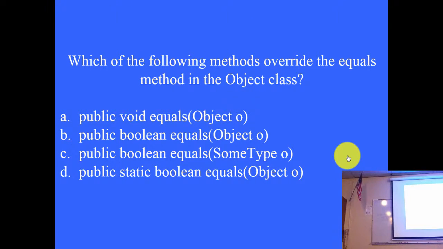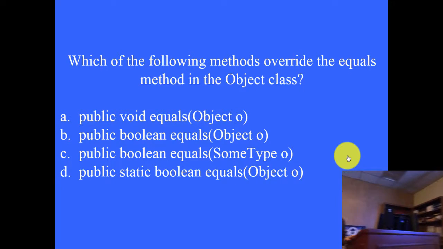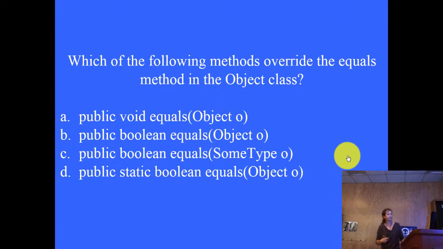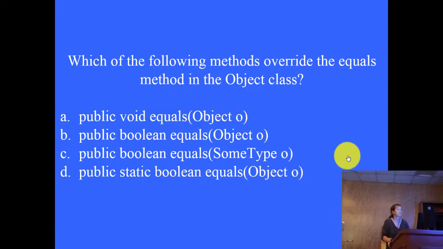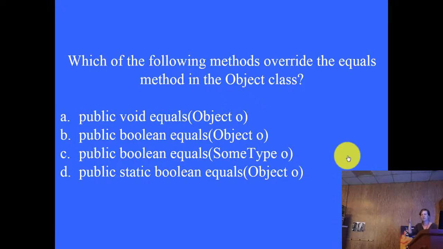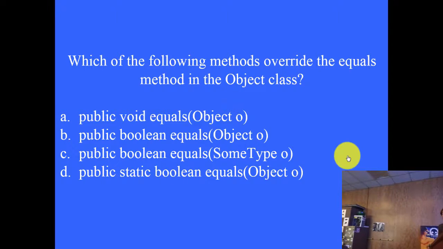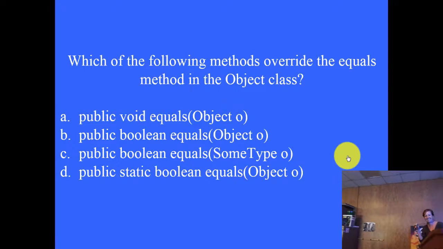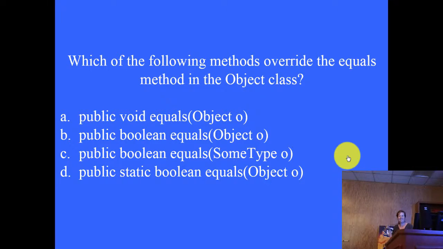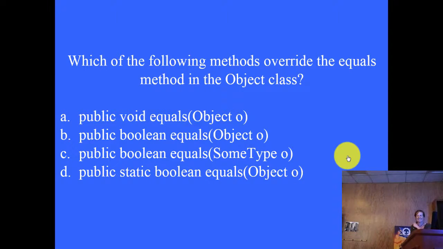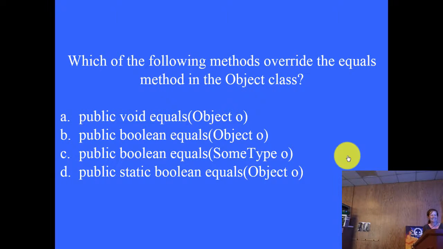All right. Which of the following methods override the equals method? So if you hit that button in Eclipse, write my equals method, it writes this one. Which one do you think? C? All right. Anyone else?